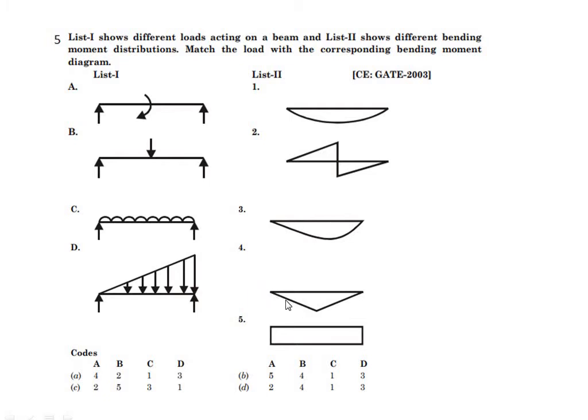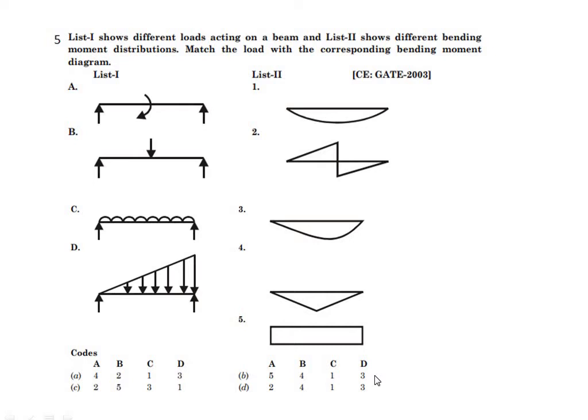See here, you have a linear variation of bending moment from 0 to maximum and then from maximum to 0. So this may be the answer. So for B, the option is 4. So for A the option should be 2 and for B the option should be 4. The answer which satisfies these 2 conditions is D. So there is no need for checking further. I can directly choose the option as D: A2, B4, C1 and D3.